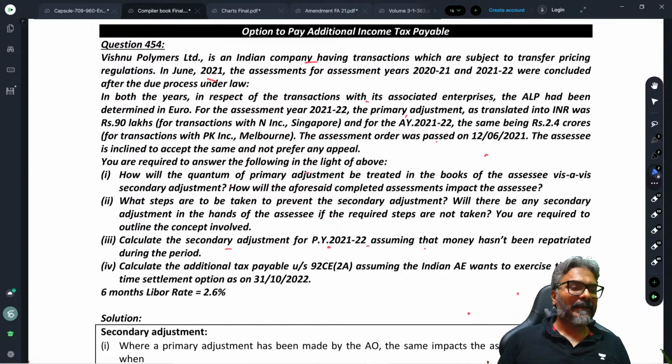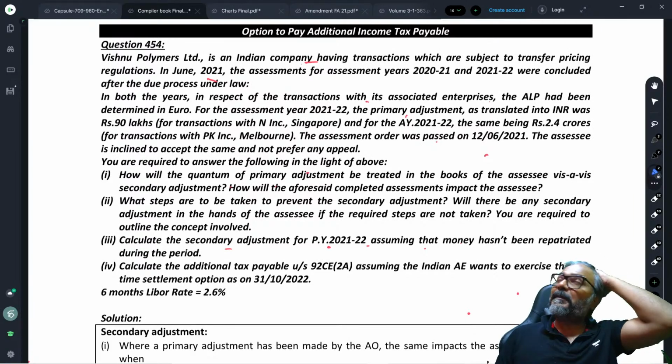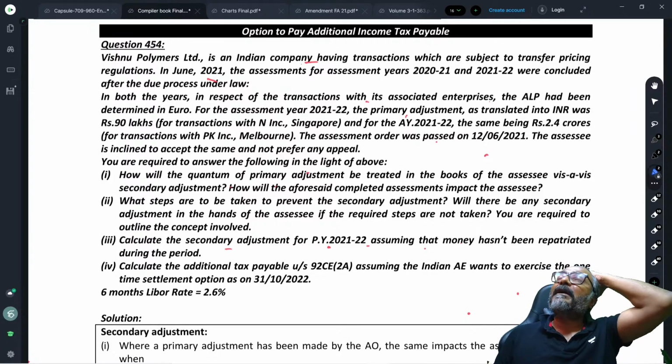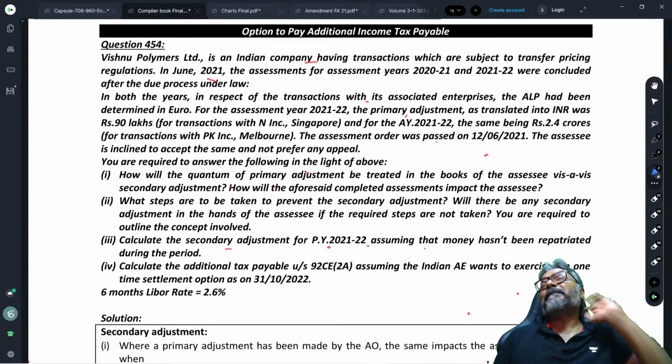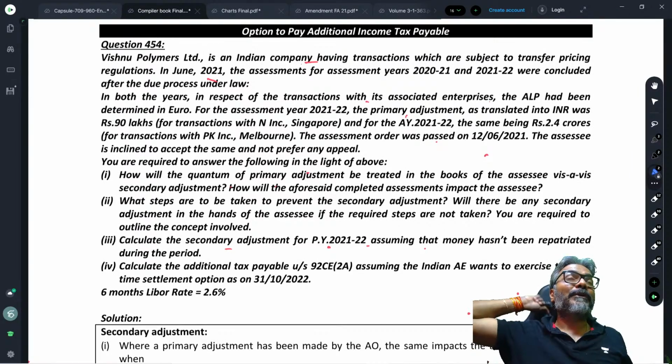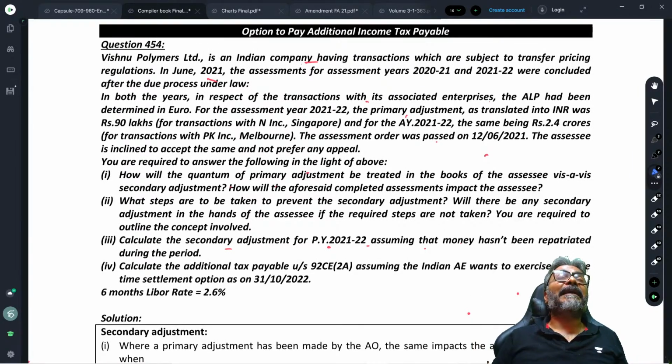That is one thing. But apart from that, what is the other part? Since the difference is more than rupees 1 crore, the government will also expect that you bring this money back in India.